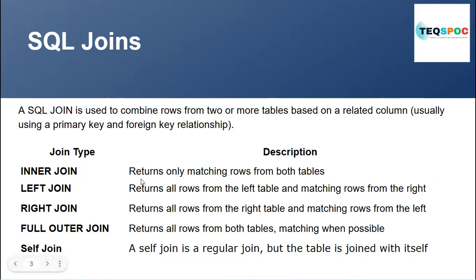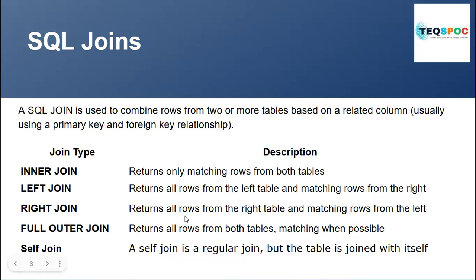So what is an inner join? An inner join returns only the matching rows from both tables. The left join returns all the rows from the left table plus the matching rows from the right table.